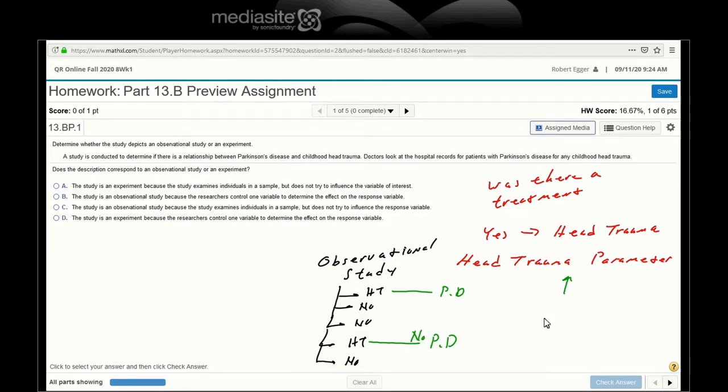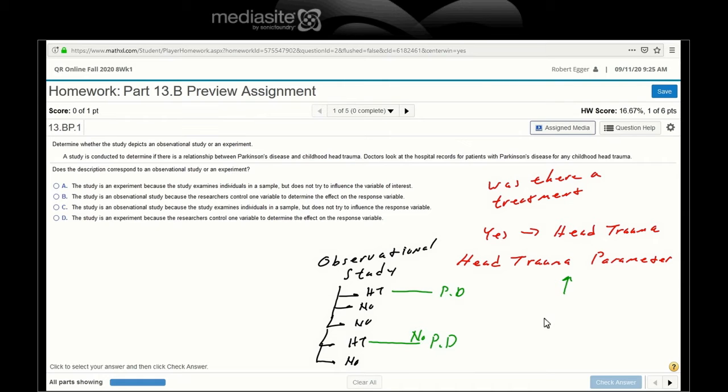Okay. So, study experiment because the study examined individuals in a sample but does not try to influence the variable of interest. Okay, maybe. No, not experimental. The study is observational because researchers control one variable to determine the effect on the response variable. Definitely not. That's experiment. The study is an observational study because the study examined individuals in a sample but does not try to influence the response variable.